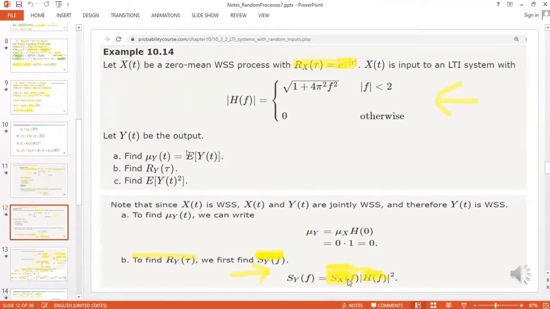So first we take the Fourier transform of this so that we can have SX(f). H(f) is given. If we calculate SX(f) by taking the Fourier transform and then multiply, we'll get SY(f). Then we take the inverse transform of SY(f), we will get Ry(tau).